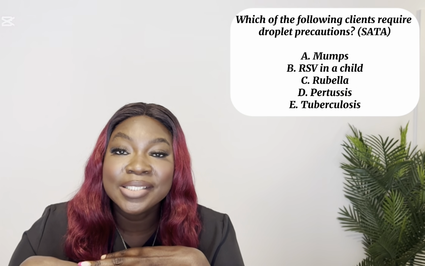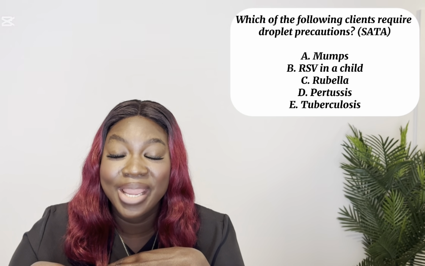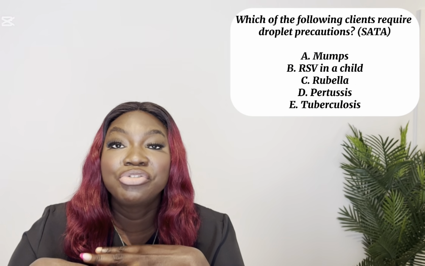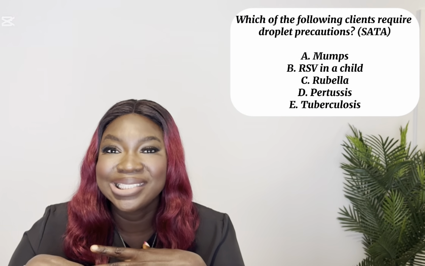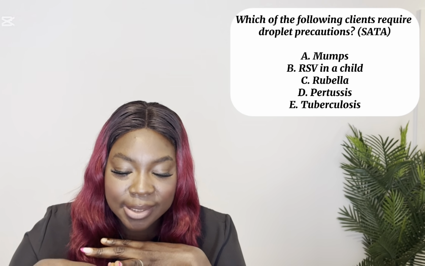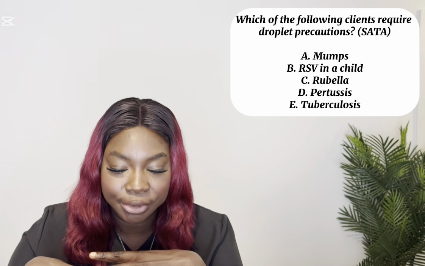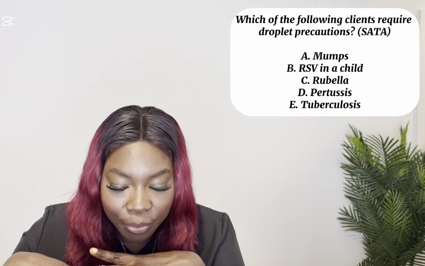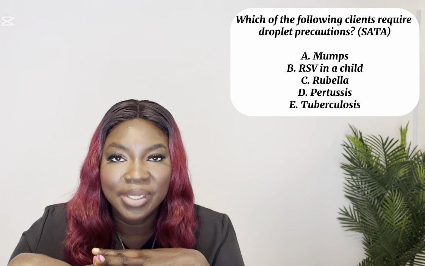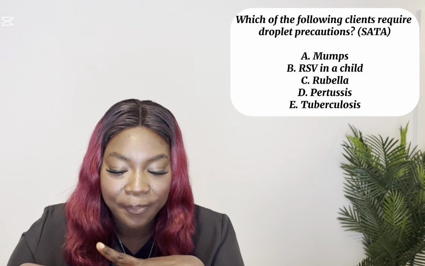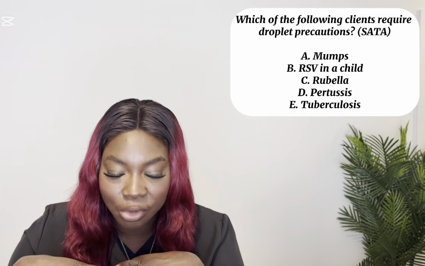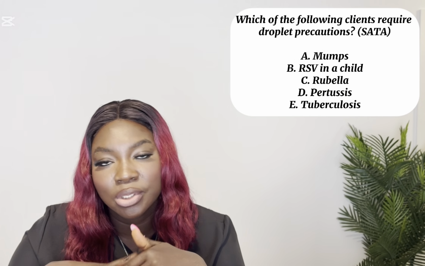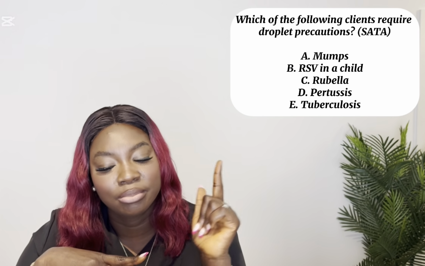Respiratory syncytial virus is spread through respiratory droplets, and it is droplet plus contact precaution. So yes, RSV requires droplet precaution. Rubella, also droplet precaution. D, pertussis, which is whooping cough, absolutely droplet precaution. And E, tuberculosis, airborne. Okay, let's move on.